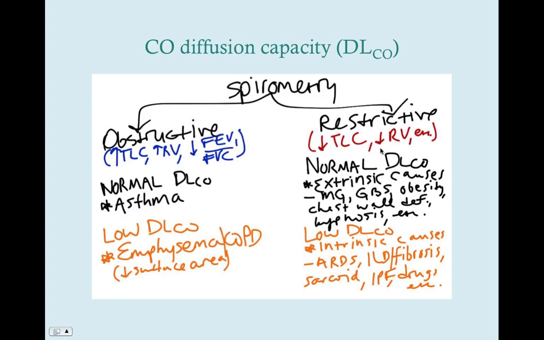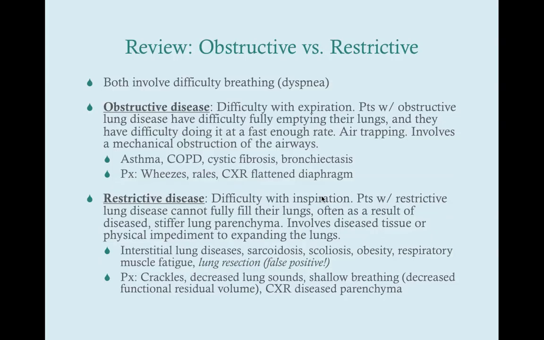All those measurements would be smaller if you only have one half of your lung, but the diffusion capacity across the alveoli into the capillaries is normal because the tissue is fine. And so with a normal DLCO with a restrictive pattern, it's likely either extrinsic or it's false positive because you only have one lung. So those are some things to think about.